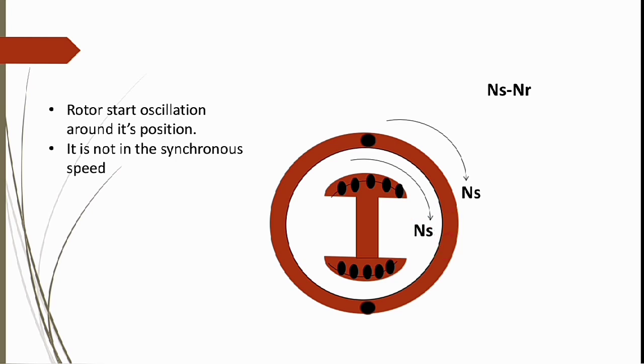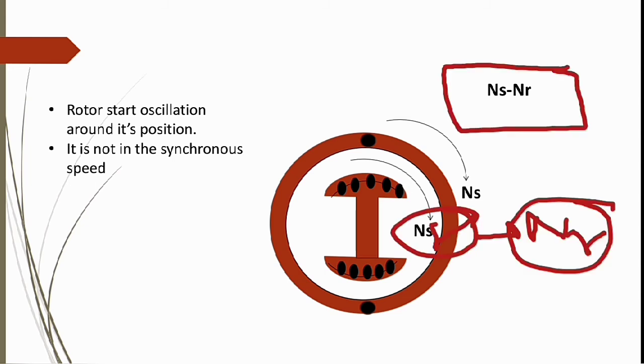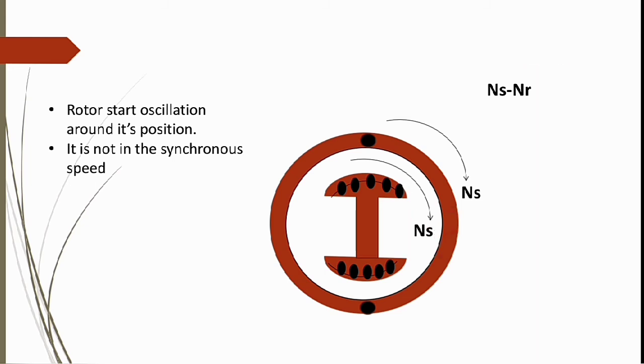So we will get the EMF. Maybe the rotor is not at the synchronous speed; either nr is increasing with respect to ns or decreasing with respect to ns. Not only decreasing or only increasing.